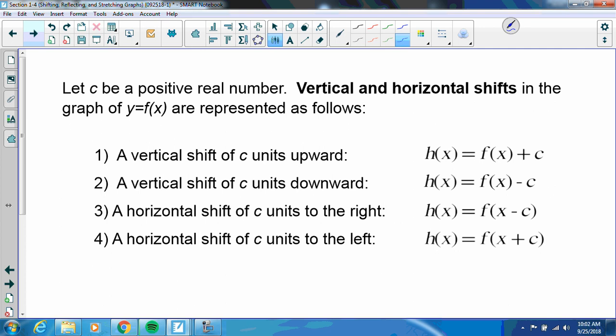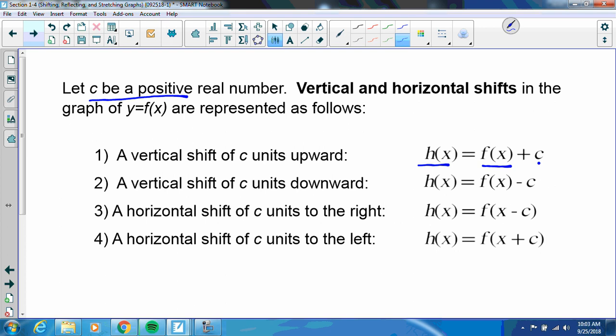I add some constant to the end of the function, okay? So I get a new function, I'm calling it h, by taking my parent function and adding a positive constant c to it, because it says up here, let c be a positive real number. If I want it to go downward, I subtract that c value.